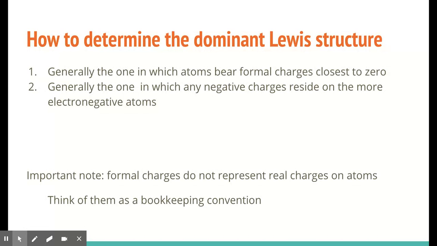Important note here, formal charges are not the real charges on the atoms. They simply are a bookkeeping convention so that you know which Lewis structure is dominant and which one tells you the shape of the molecule.